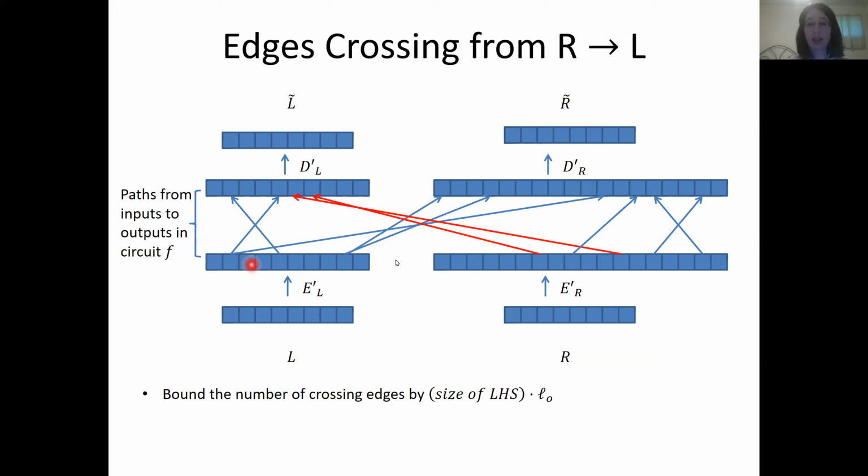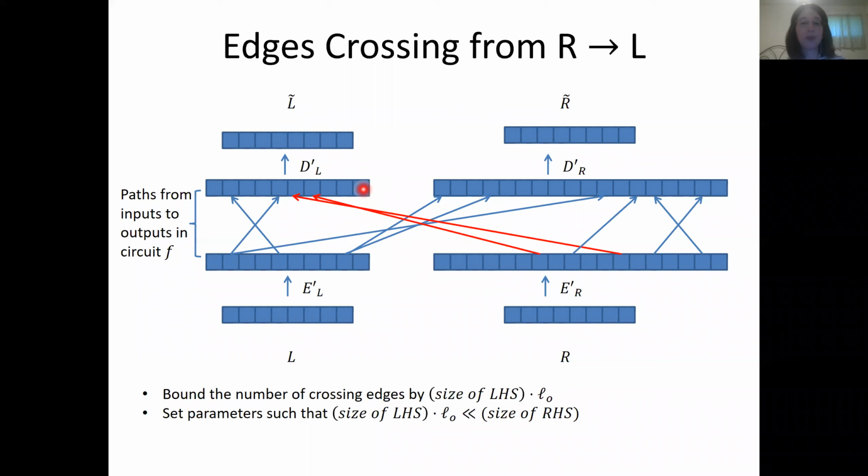Because our tampering function is output local, we can bound the number of these red edges crossing from right to left by the size of the left-hand side, the number of bits over here, times LO. That's due to the output locality. And we're going to set our parameters such that the size of the left-hand side times LO is a lot smaller than the size of the right-hand side.